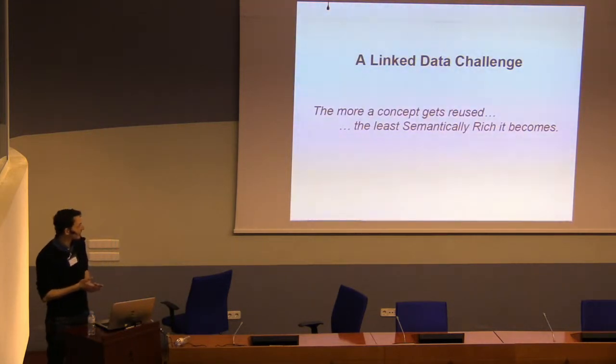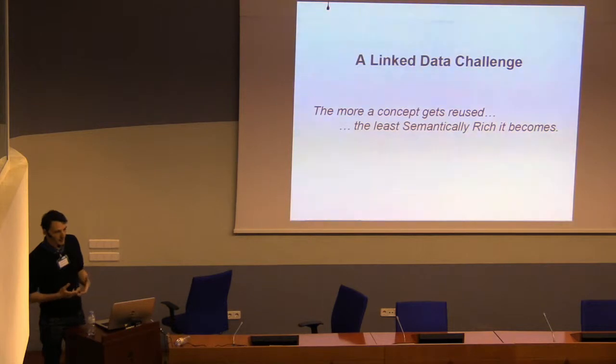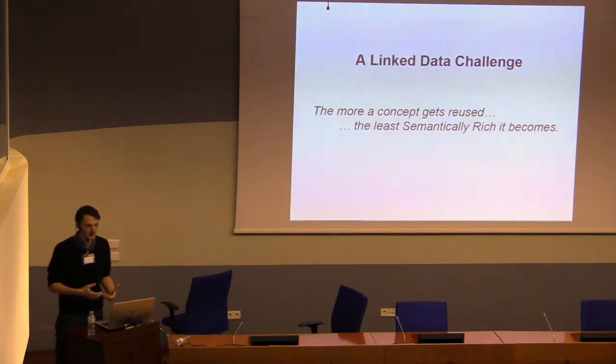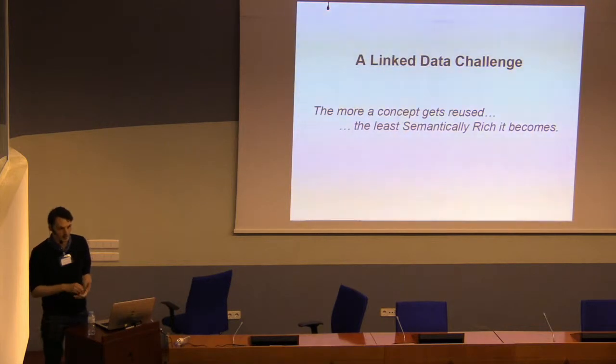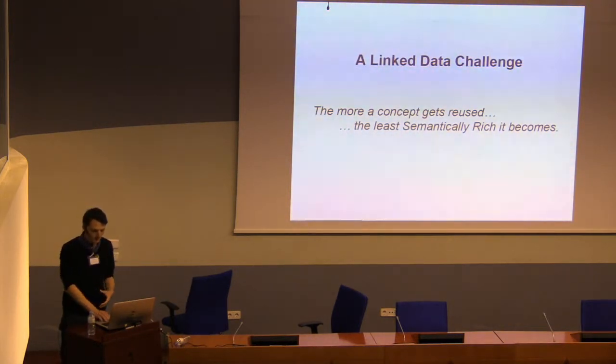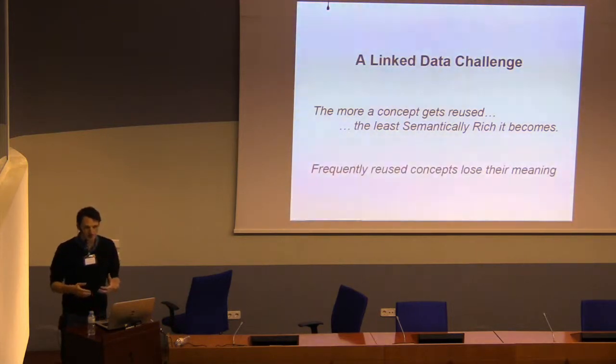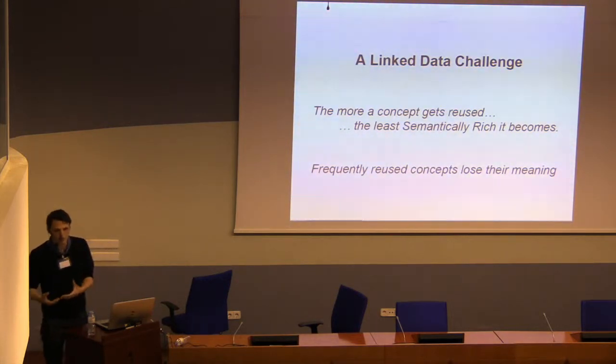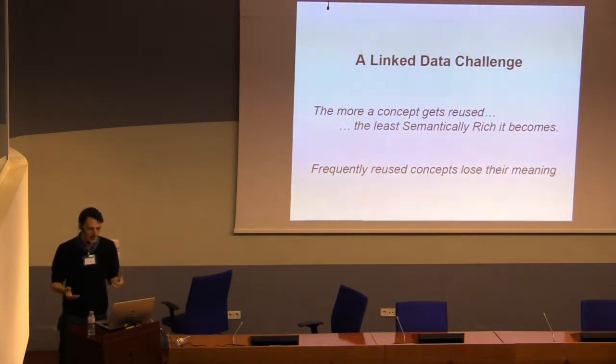So this is how I phrased it. The more a concept gets reused, the less semantically rich it becomes. And semantically rich here means how many facts we can infer about a concept, about an entity if we know it's a member of a concept. And basically, if we reuse a concept frequently, and here I mean a linked data concept in an open environment such as the web, it will gradually lose its meaning.